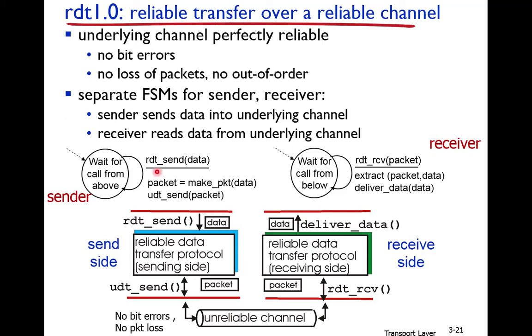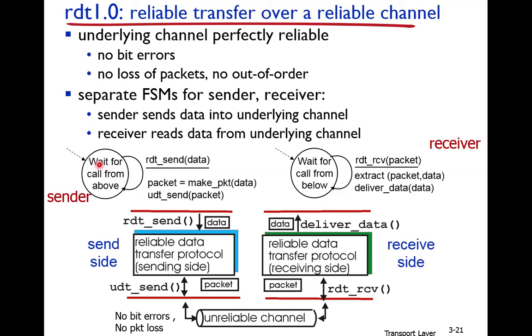Okay, so how does its FSM work? At the sending side, one state in the FSM is the starting state, where this dashed arrow appears. This arrow means that the state is the starting state.